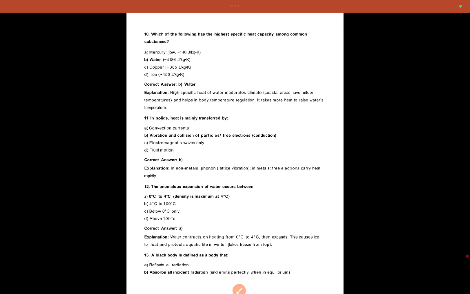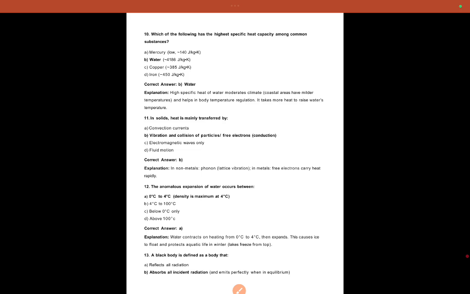Coastal areas have milder temperatures, and it helps in body temperature regulation. It takes more heat to raise water temperature. The specific heat of water is 4200 joule per kg Kelvin.